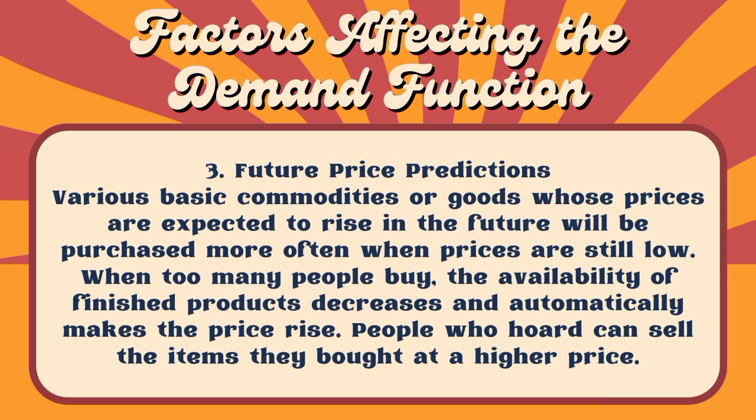When too many people buy, the availability of finished products decreases and automatically makes the price rise. People who hoard can sell the items they bought at a higher price.